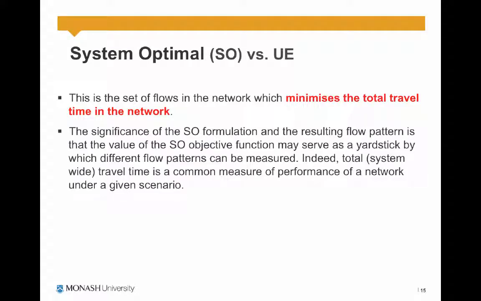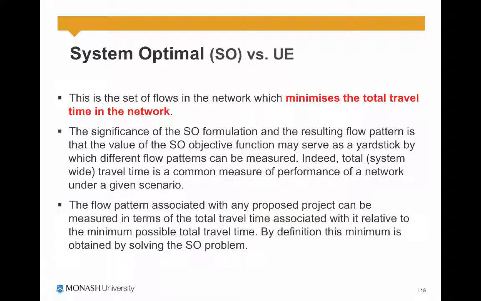The significance of the system optimal formulation and the resulting flow pattern is that the value of the system optimal objective function may serve as a benchmark by which different flow patterns can be measured. The flow pattern associated with any proposed project in the network can then be measured in terms of the total travel time relative to the minimum possible total travel time.